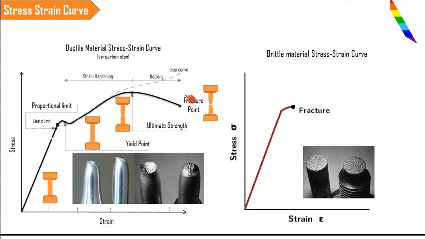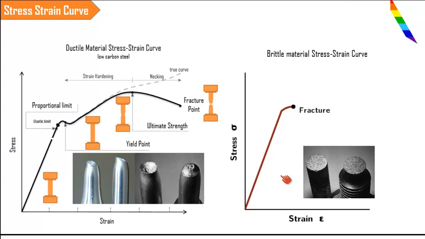So what is the difference between the stress strain curve of a ductile material and that of a brittle material? When you look at the graph, you can see the number of salient points is very much less in a brittle material because it is not undergoing permanent deformation. Deformations are very small, so it will not show any kind of yielding. So at a particular point, all of a sudden, it is going to fail.